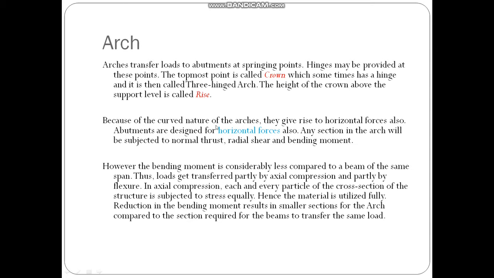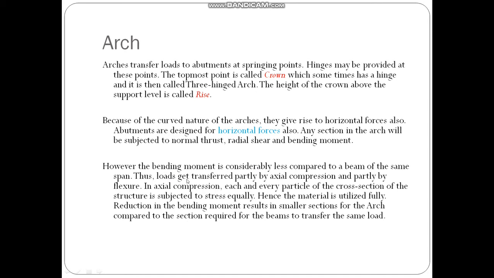Because of the curved nature of the arches, they give rise to horizontal forces also. Abutments are designed for horizontal forces. Any section in the arch will be subjected to normal thrust, radial shear, and bending moment. However, the bending moment is considerably less compared to a beam of the same span.